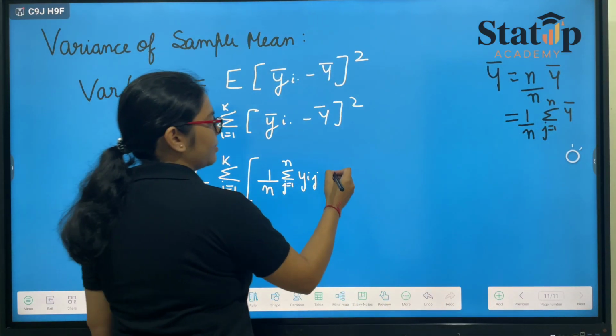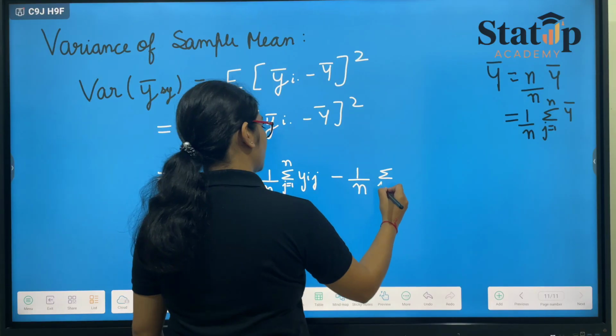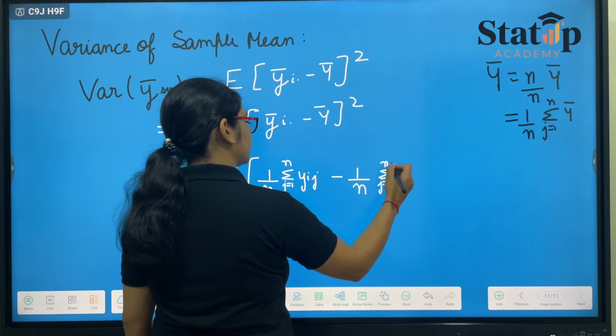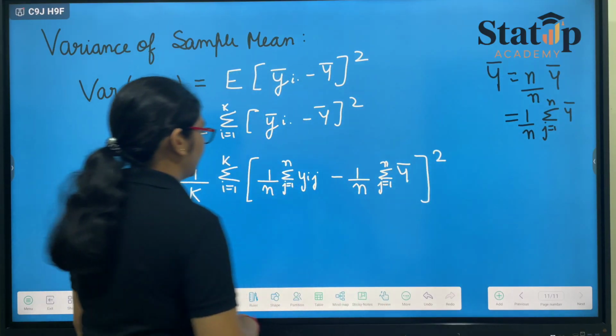So instead of Y bar I am writing it as 1 upon n summation j goes from 1 to n capital Y bar whole square.